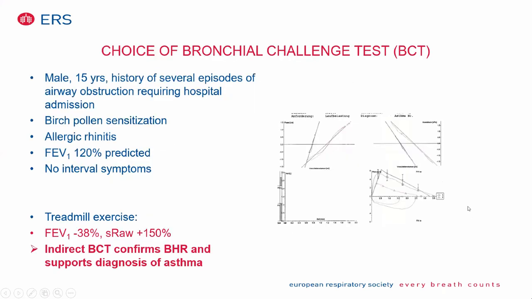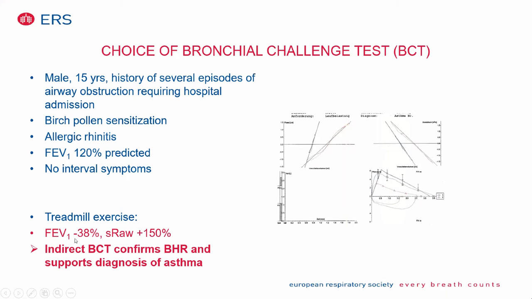Here you have the response in this case, the spirometry curve, where you see a marked drop after the bronchial challenge, the treadmill challenge, and the same here in the plethysmography.